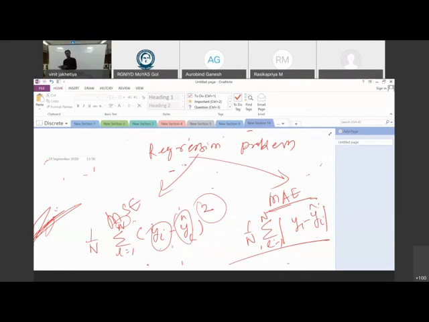Mean absolute error means you are not taking any kind of square. We are simply subtracting the two values and making it a positive value. In this case, the error is not going to be amplified. So mean absolute error is going to work nicely in the case of outliers. But mean square error, if some outliers are available in your data, is going to perform poorly. But some catch is still there.